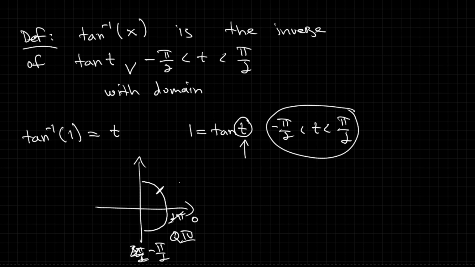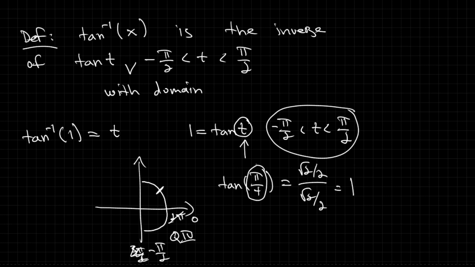Well, t equals pi over 4, because at t equals pi over 4, tangent of pi over 4 is equal to root 2 over 2 divided by root 2 over 2, which is 1. And pi over 4 is the only t value between minus pi over 2 and pi over 2 that gives me tan t equals 1.